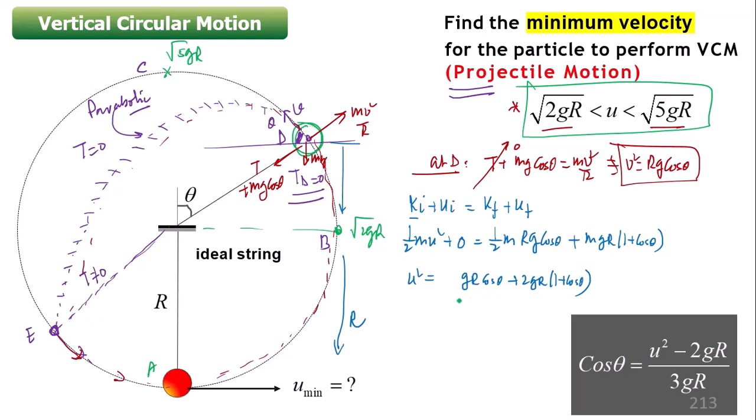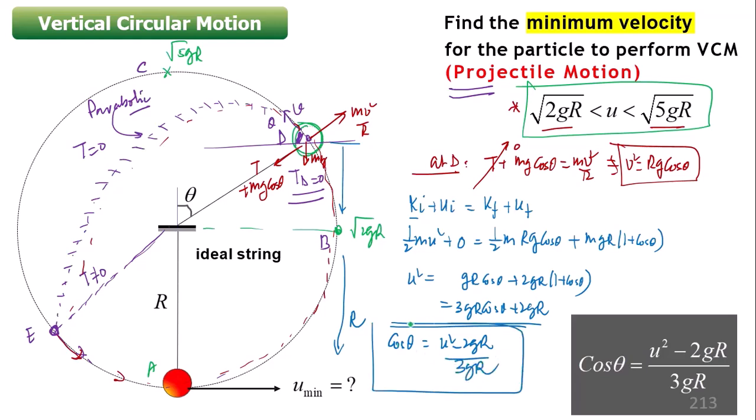So I am left with 3gr cos theta plus 2gr. From that, can I write cos theta should be equal to u square minus 2gr by 3gr. So this is the point from where the particle will perform the projectile.